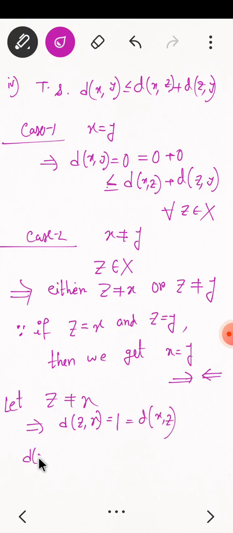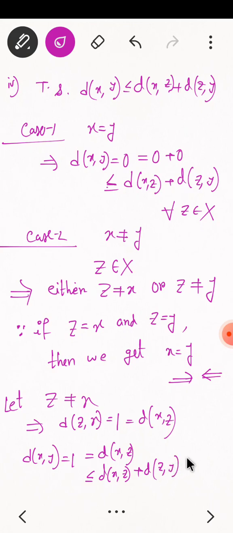So D of xy equal to 1. This implies D of xy equals D of xz, which is less equal to D of xz plus D of zy, as D of zy is always greater equal to 0.